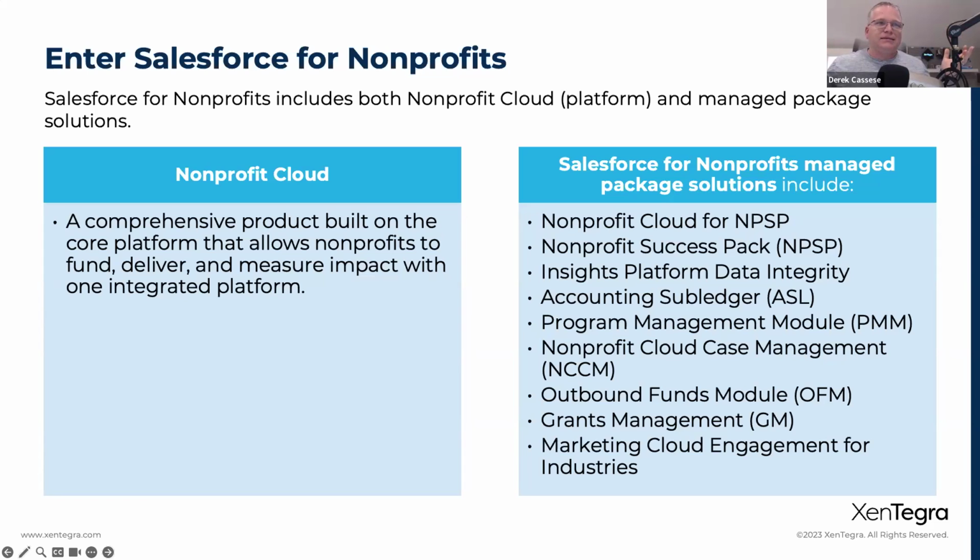Now, NPSP, the Nonprofit Success Pack, has been out for a long time, and it is a managed package that was delivered as an add-on to your orgs, right? In the migration guide, which we'll touch on here and there, it essentially says that the Nonprofit Success Pack managed package helped nonprofits through an object model centered around individuals and organizations.